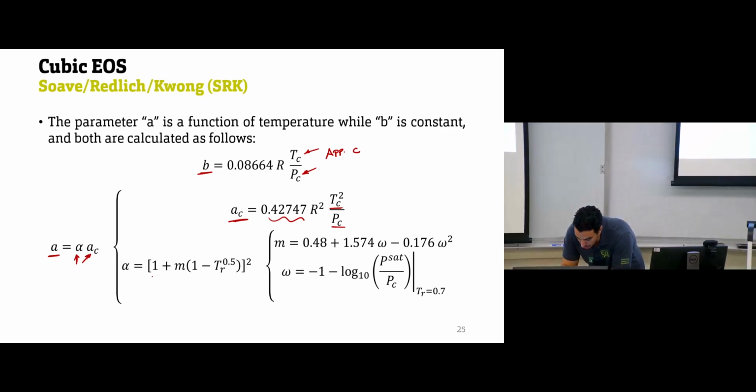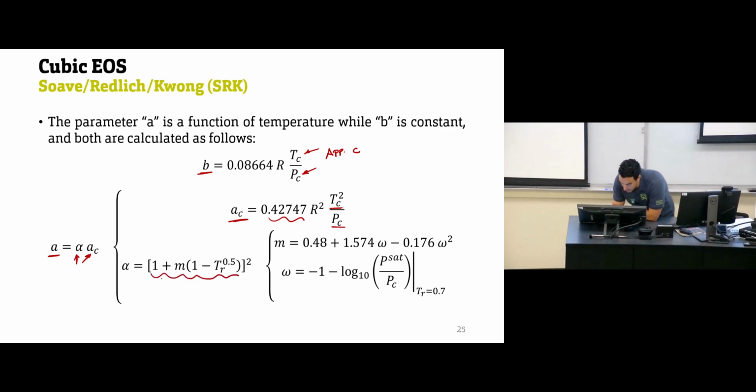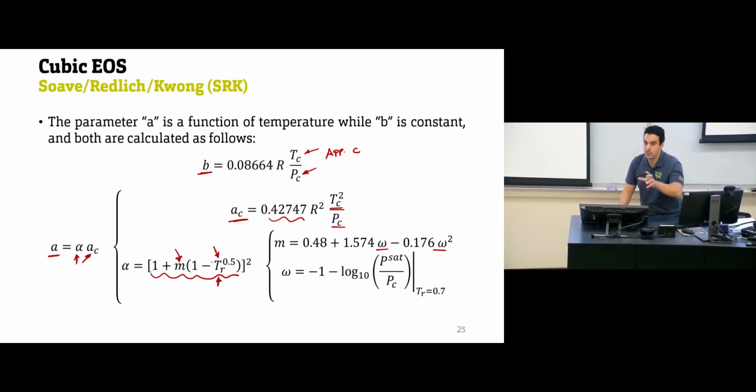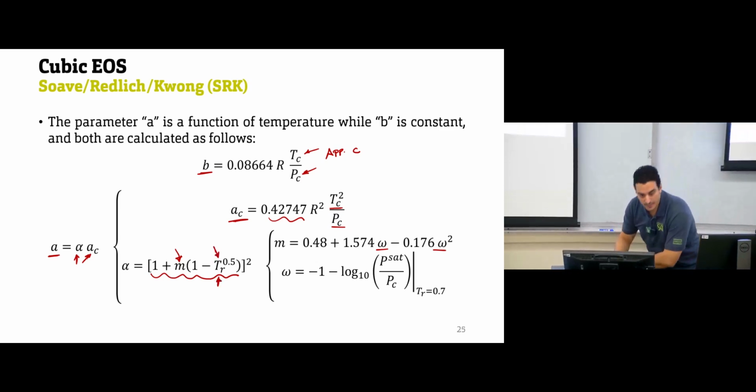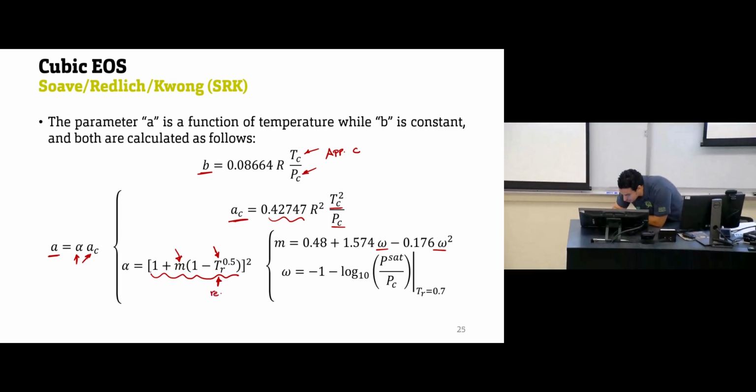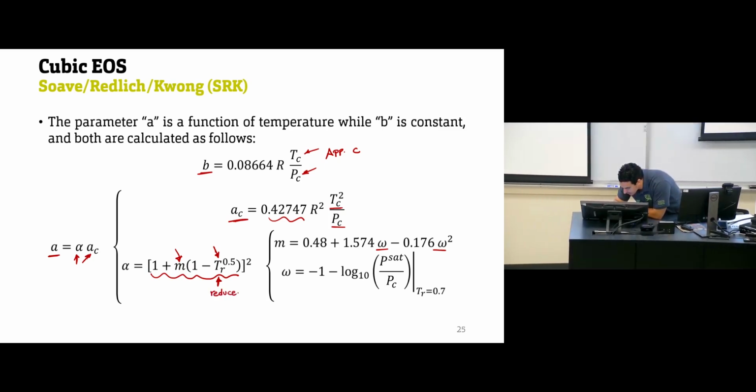Then alpha, we can calculate alpha using this formula. We have this M, which is a parameter in terms of the eccentric factor, and we have TR. Any property that has the R subscript is called reduced. So this is the reduced temperature.